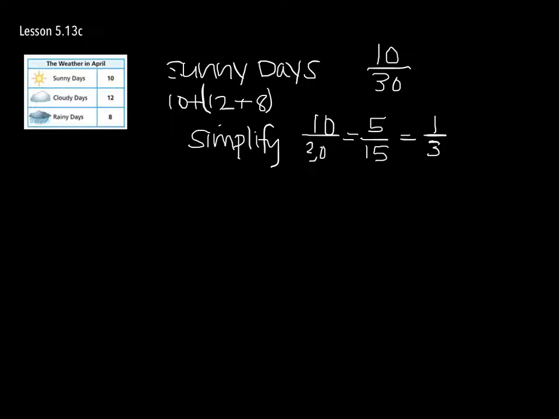Okay. Now, the next question is, what fraction of the days are cloudy days? So first we have to figure out how many days are cloudy, and that's 12. And our total number of days isn't going to change, it's 30.